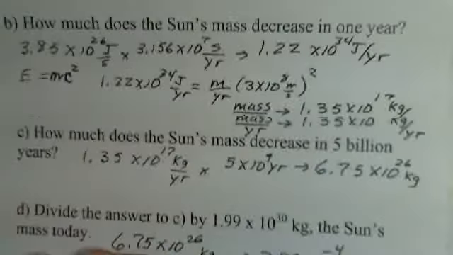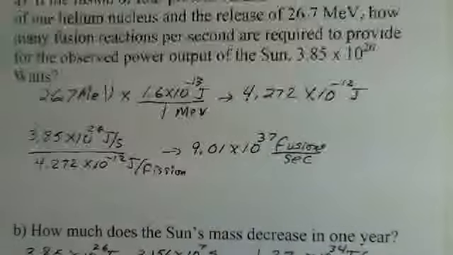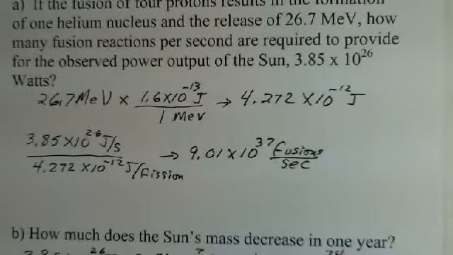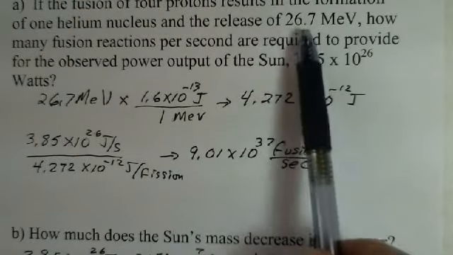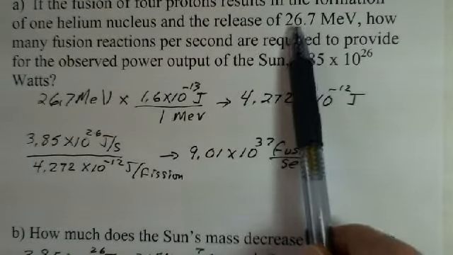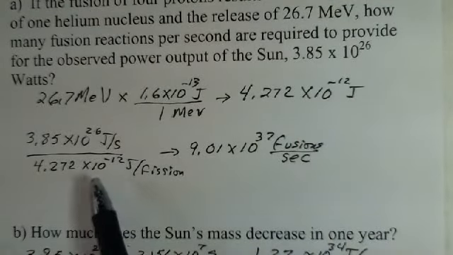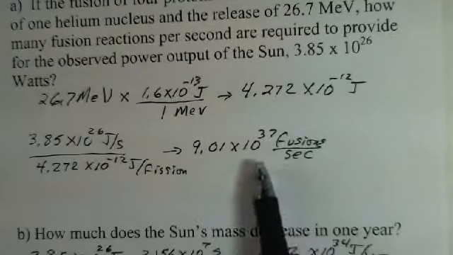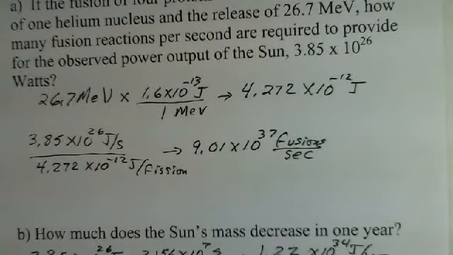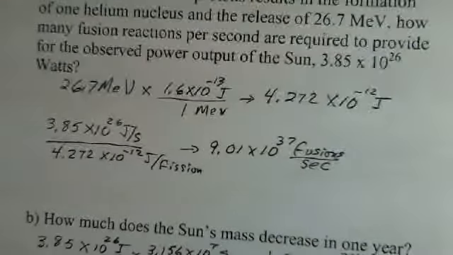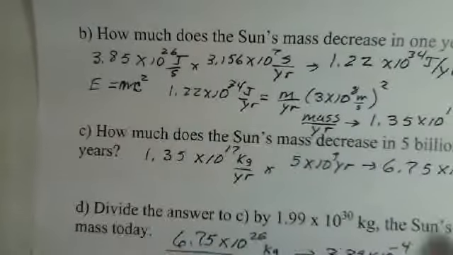But we've accounted for fusion in the sun, each fusion reaction delivering a certain amount of energy. We converted that to joules. We've got the visible luminosity here. We did that division to find out how many fusions per second. It looks like a big number, but there's a lot of hydrogen in the sun.